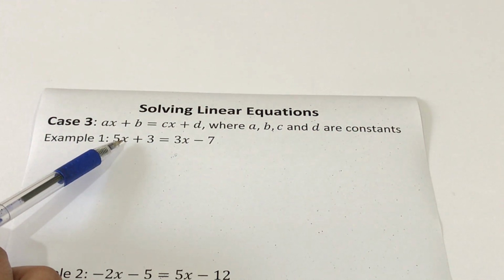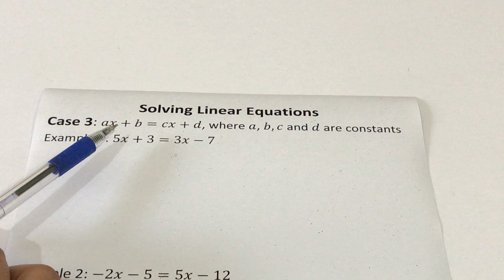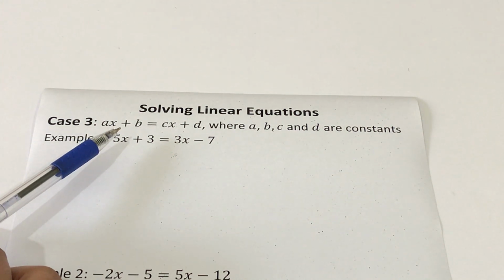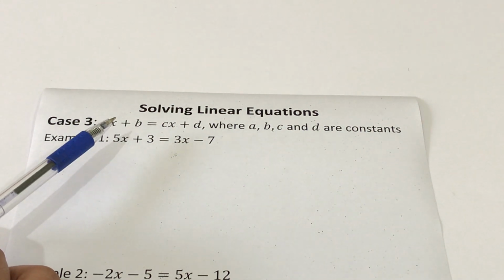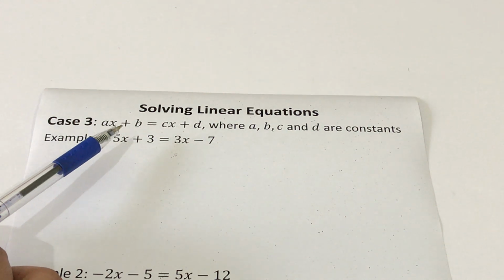To solve this equation, first thing you have to do, you have to identify your like terms with same variables or constants. And I always prefer to use the arrows for this thing. It will make your mistake chance lesser, right?